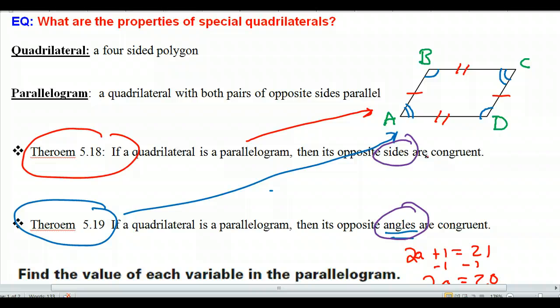A and B. You said B, and D. A and D are consecutive angles. Like Jordan was saying, two angles in a row. So angle A and angle D should be supplementary.